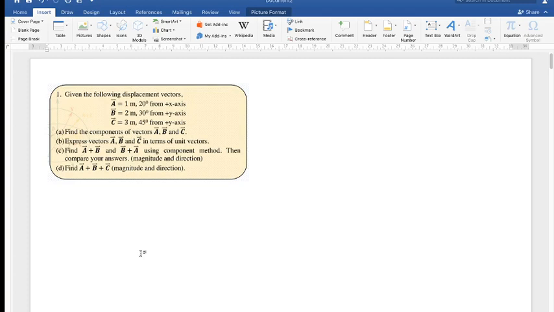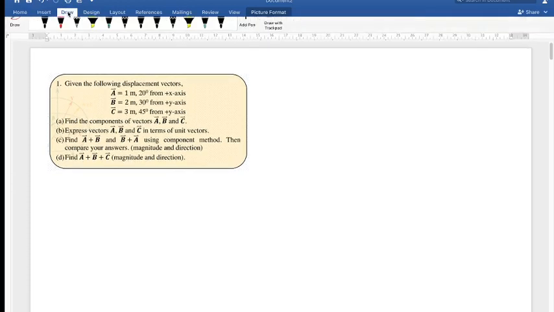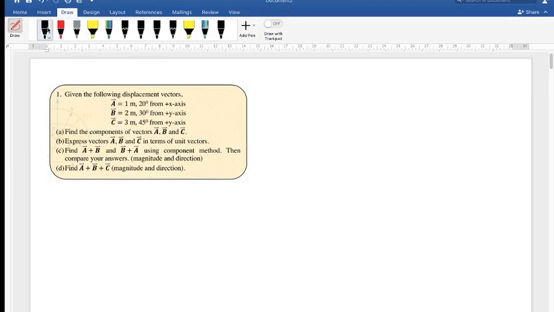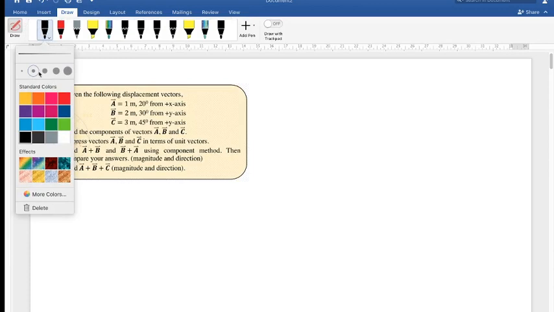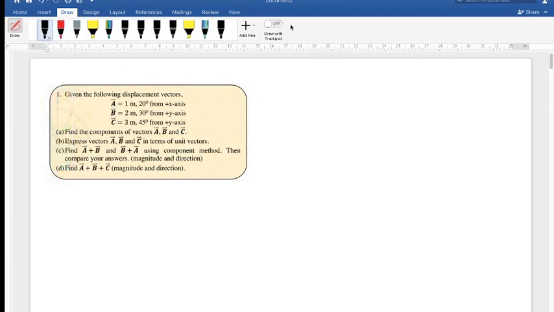So first, you have to draw the orientation of your vector. We have to make sure that we can see our vectors in an xy axis.